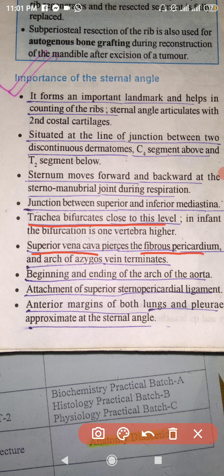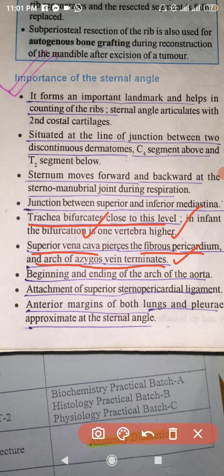The fibrous pericardium is a covering of the heart. And the arch of the azygos vein, which carries deoxygenated blood, terminates at the sternal angle.